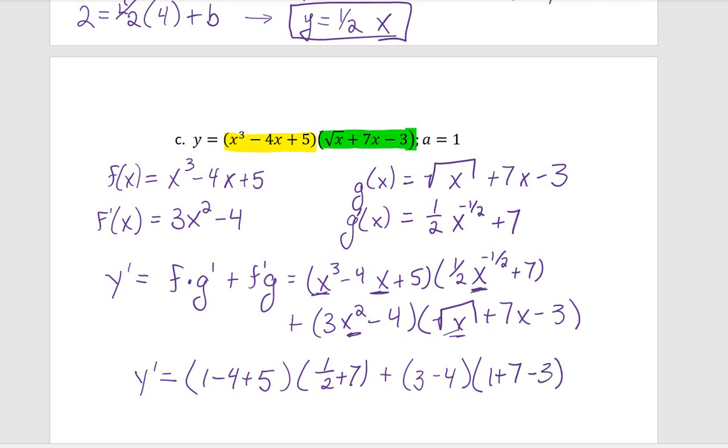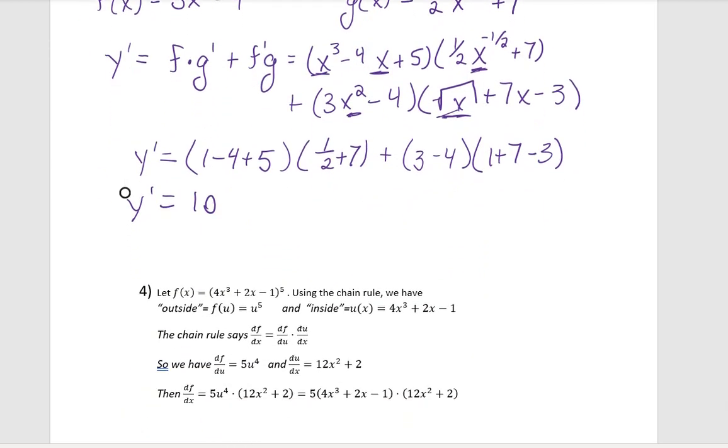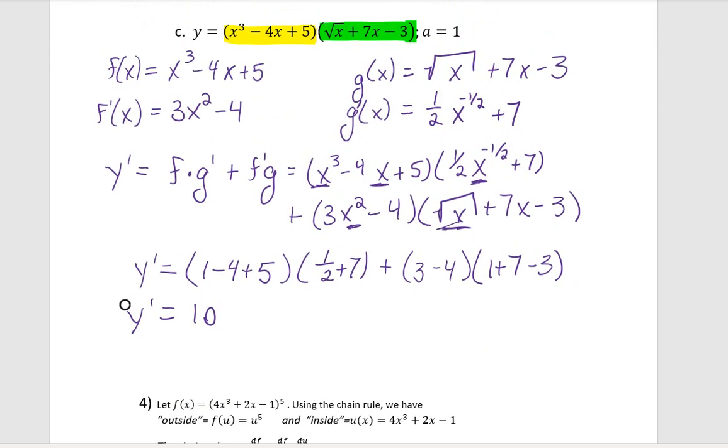Remember, 1 raised to any power is going to give you 1, and then anything times 1 is just going to give you that number. So that is going to end up equaling 10.